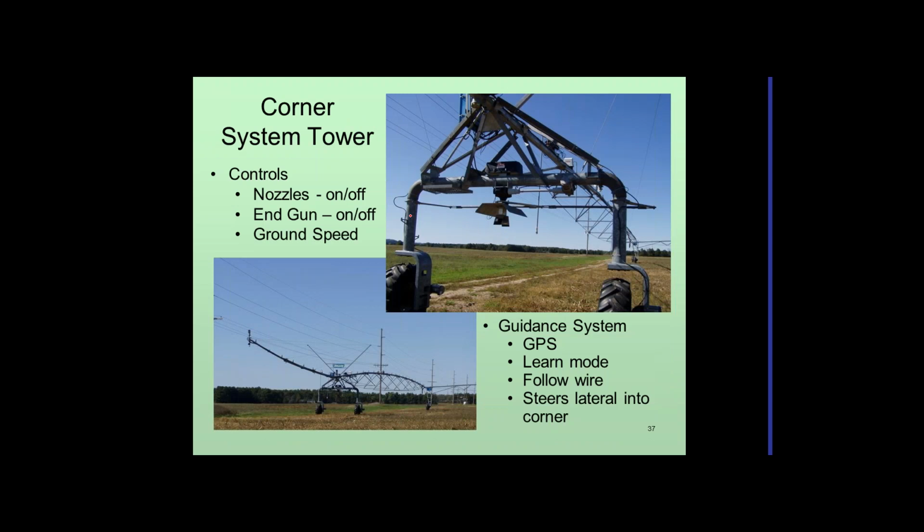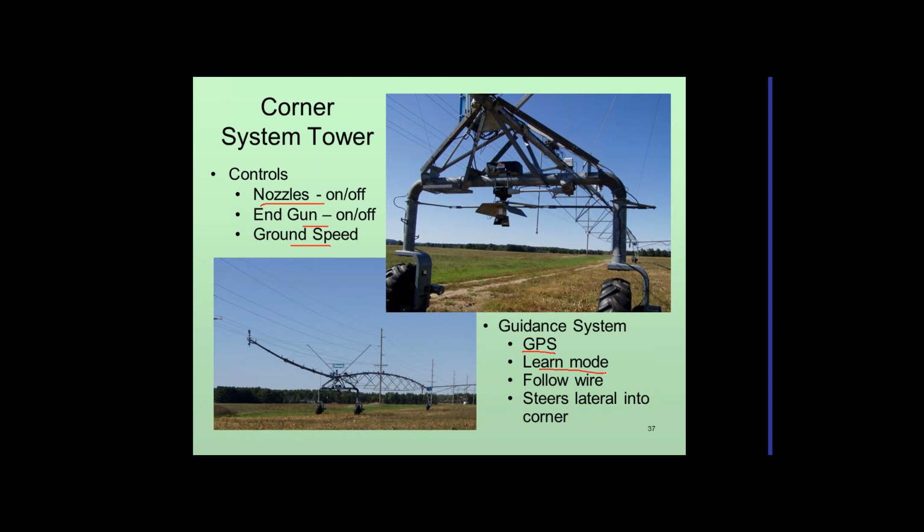So here's some of the controls. We can turn nozzles on and off. We've got the end gun to turn on and off, and the ground speed sometimes is controlled. To get these things to go into the corner, sometimes you're using a GPS antenna type thing.